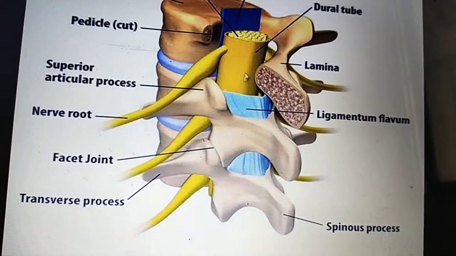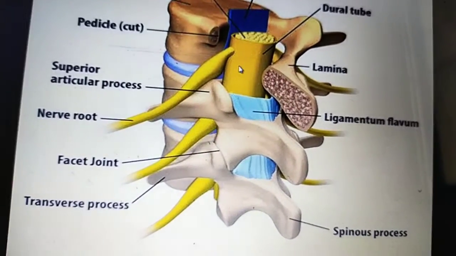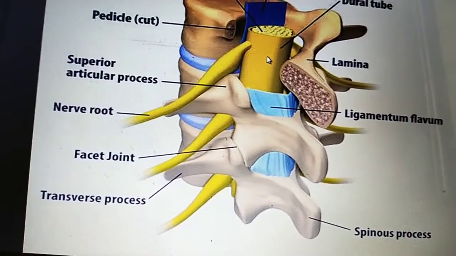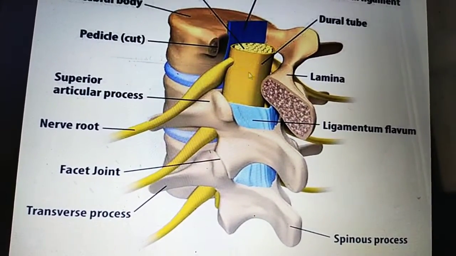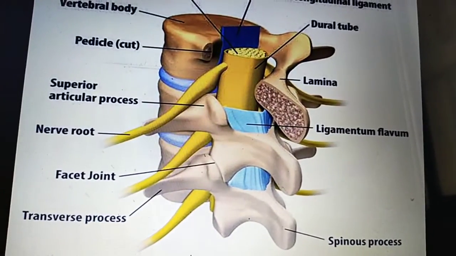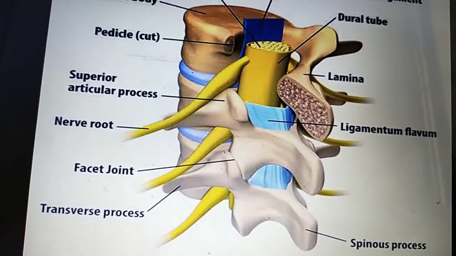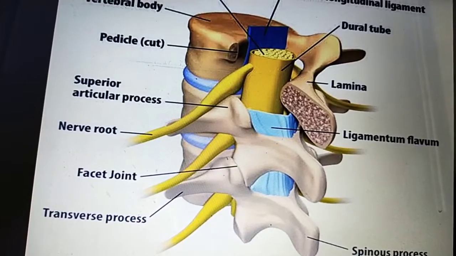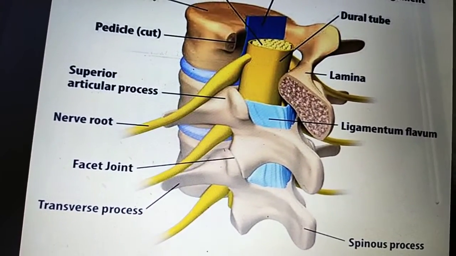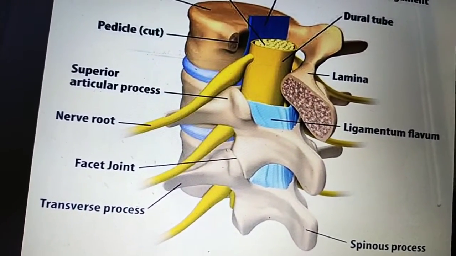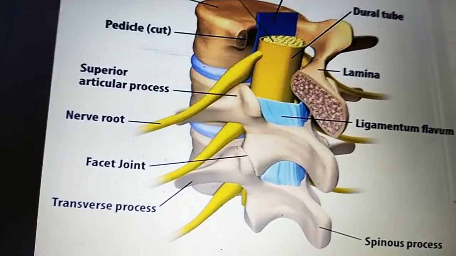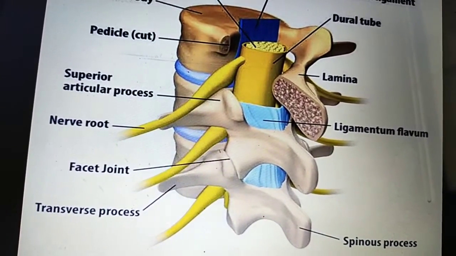In between that you can see the spinal cord. The spinal cord is present in the spinal canal, which is formed by the continuous joining tunnels of the vertebral foramina.